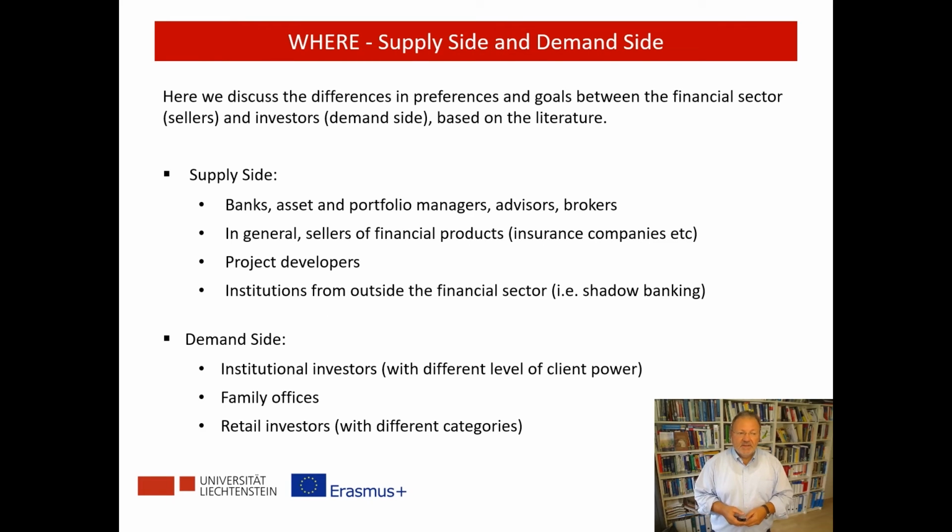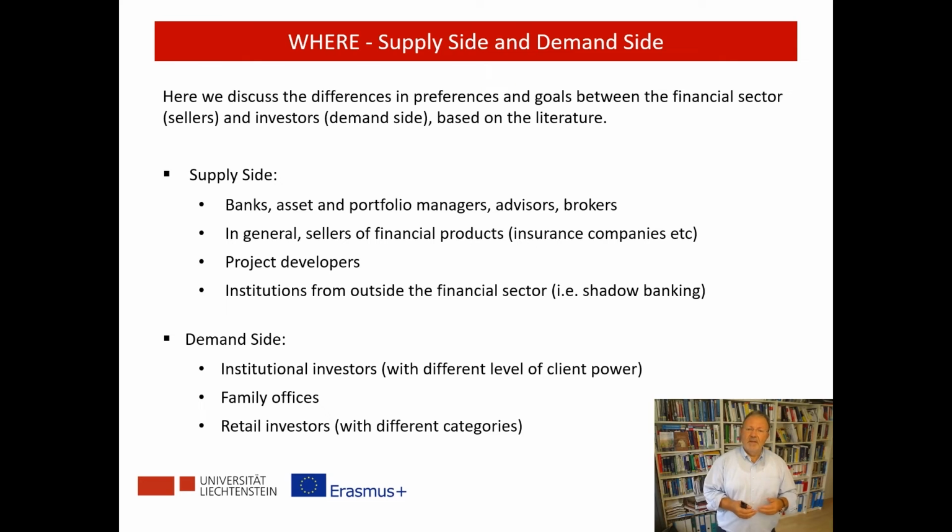On the next slide, we discuss the differences in preferences and goals between the financial sector, the sellers, and investors, the demand side, based on the literature. Before I wrote down what you see here, I had, of course, an intensive literature review. Who is the supply side?